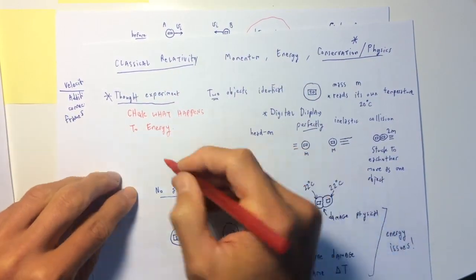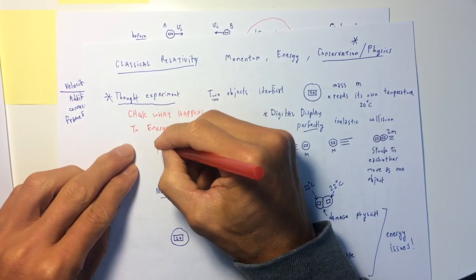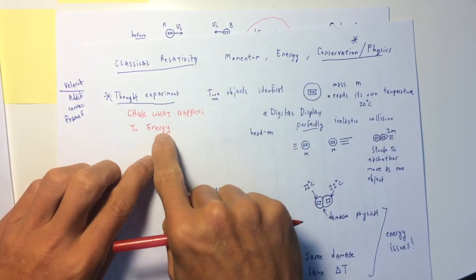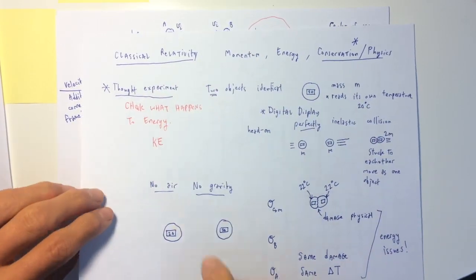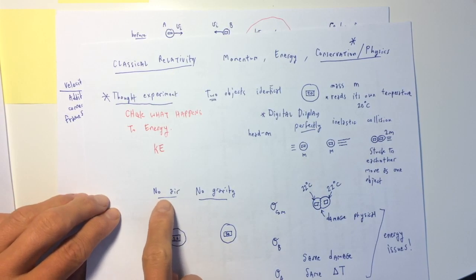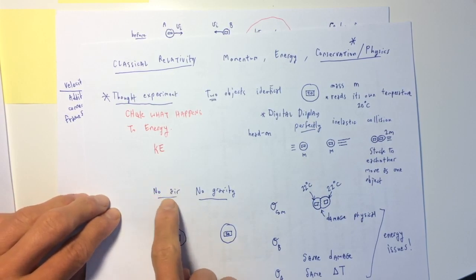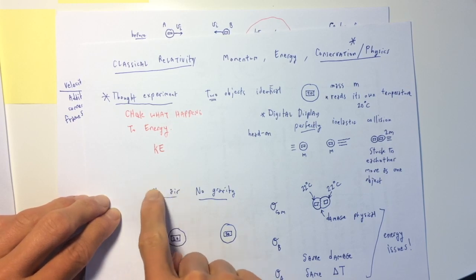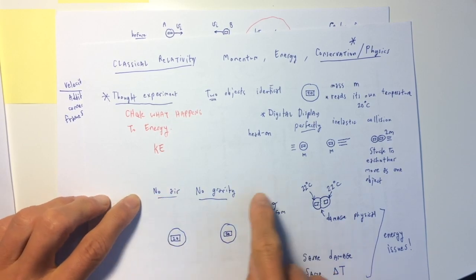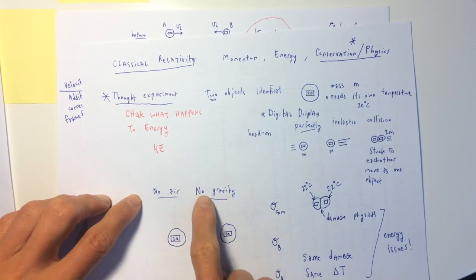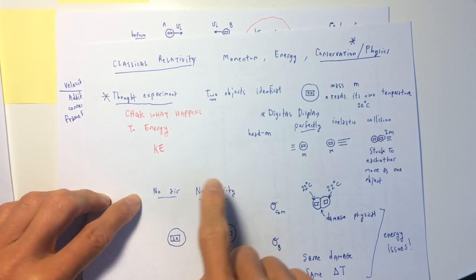There is no other type of energy, no energy loss to collisions with air molecules, and there is no change in potential energy associated with gravity.